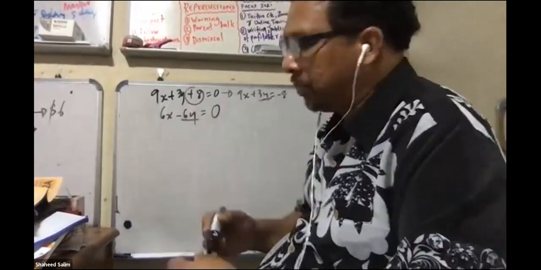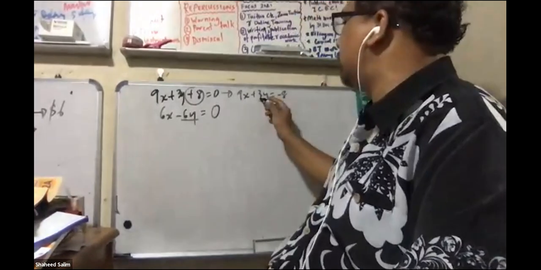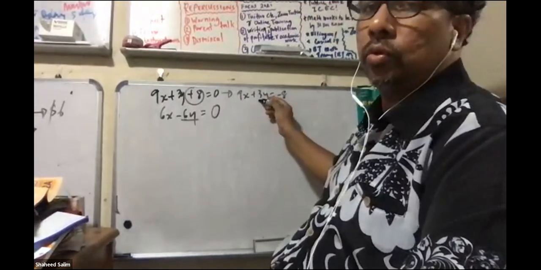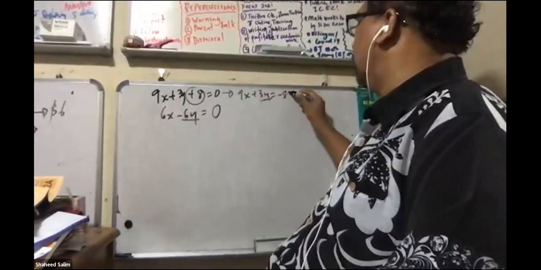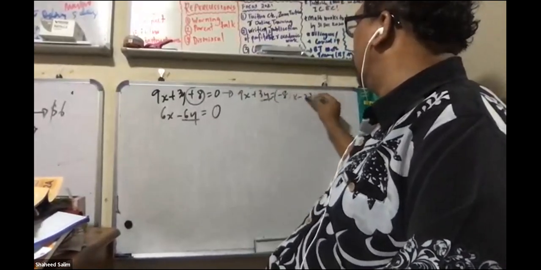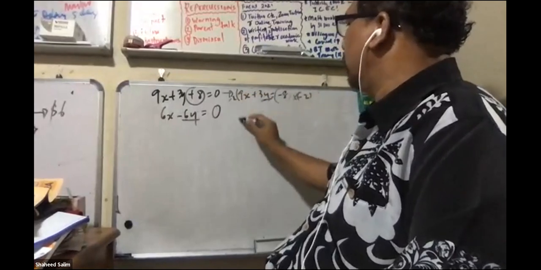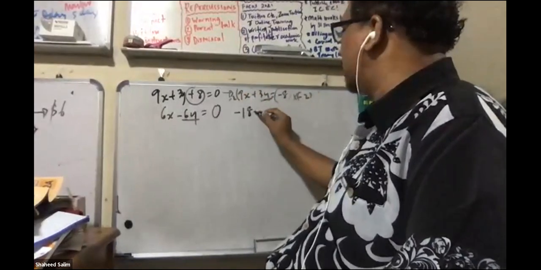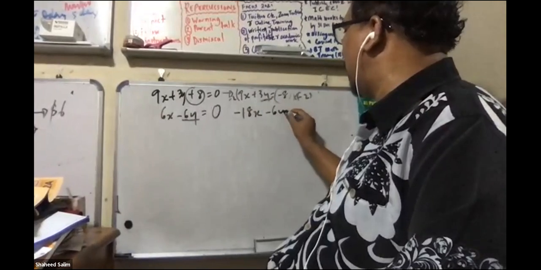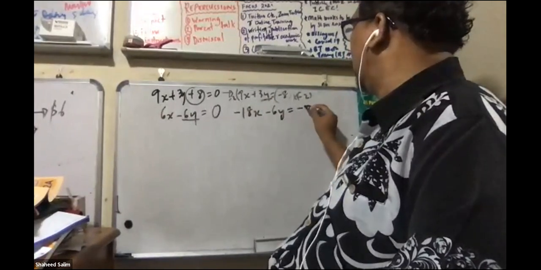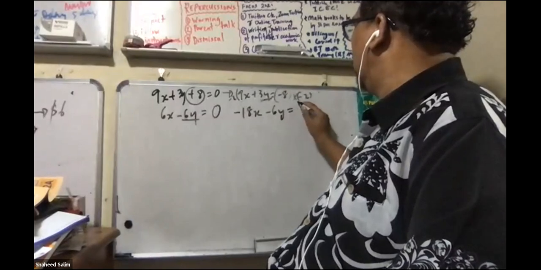If you want it to be the same, Ryan, you want a minus, we can times this by -2. So we times by -2. You get -18x, -6y equals to positive 16.